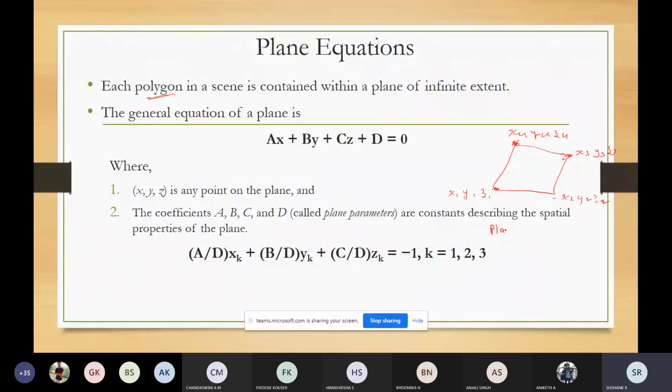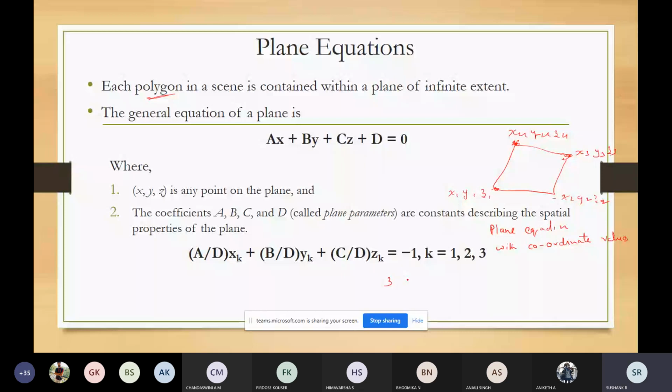By solving the plane equations, you can obtain these a, b, c, d values, with coordinate values of three non-collinear points.